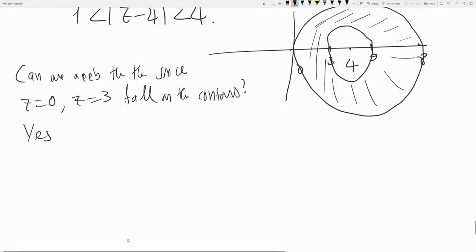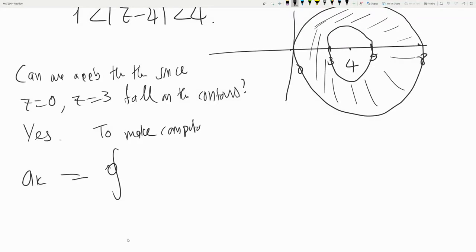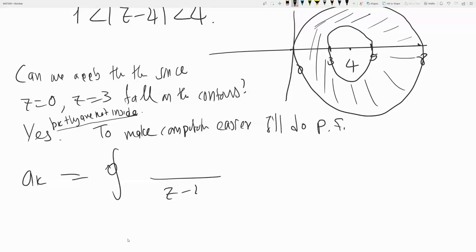But to make computation easier, I will do partial fractions. So yes, because they are not inside. Okay, so same. So z to the minus 4 to the k plus 1, and then this guy.